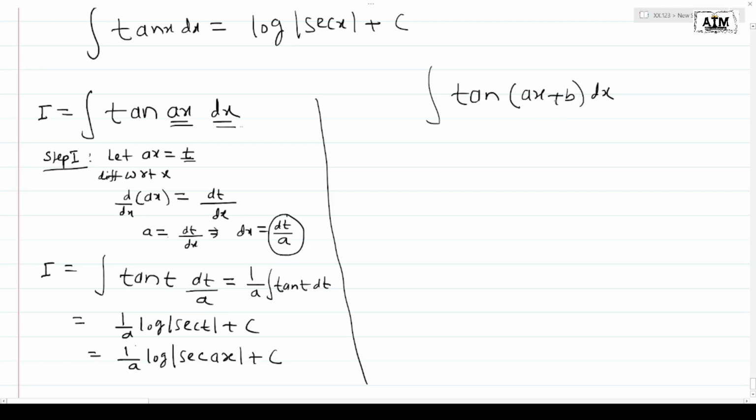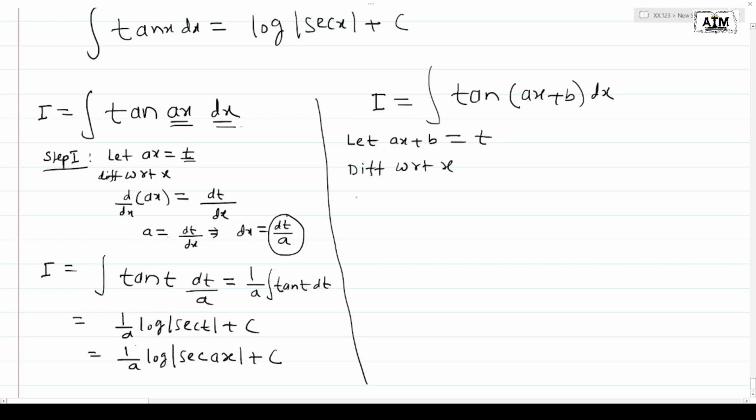Suppose tan of ax plus b with respect to x is given, how to do it? For that, let us call it I equals, then the procedure remains the same, let ax plus b equal t, then differentiating with respect to x.